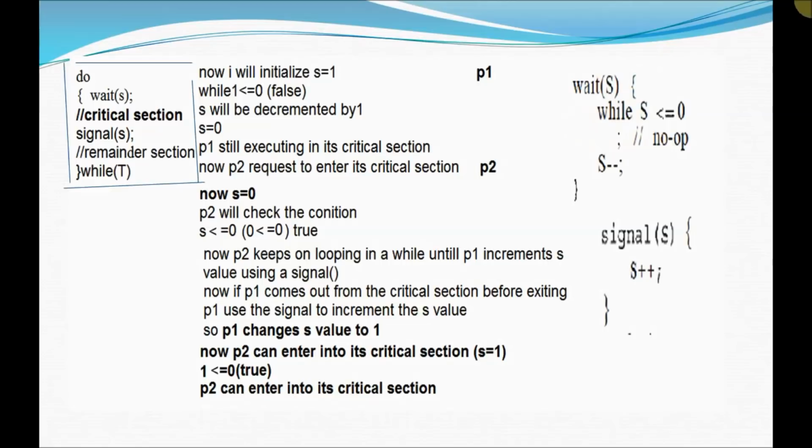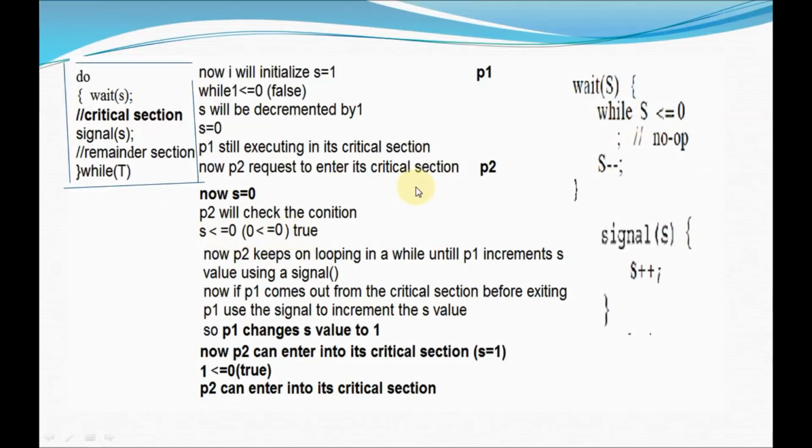So P2 will keep on looping in a while until P1 increments the S value using a signal. P2 tried to enter into the critical section, but it is not possible because the S value makes this condition true.